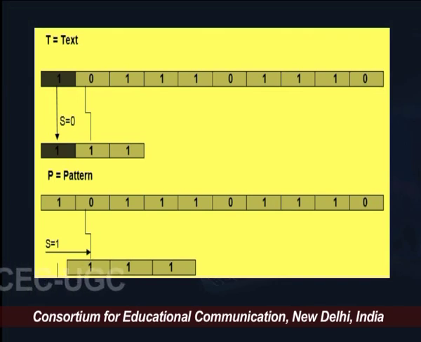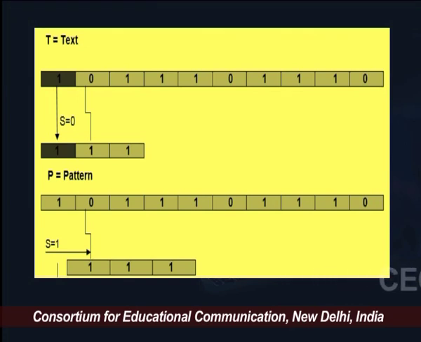In case of a mismatch, we will move our pattern towards the right, and in the next part of the screen, if you can observe, it is written as S equals 1. S equals 1 indicates that we have shifted our pattern by one place, or the shift is 1. Now, with S equals 1, we are comparing the second element of the text with the first element of the pattern, and again here it is a mismatch of 0 and 1.